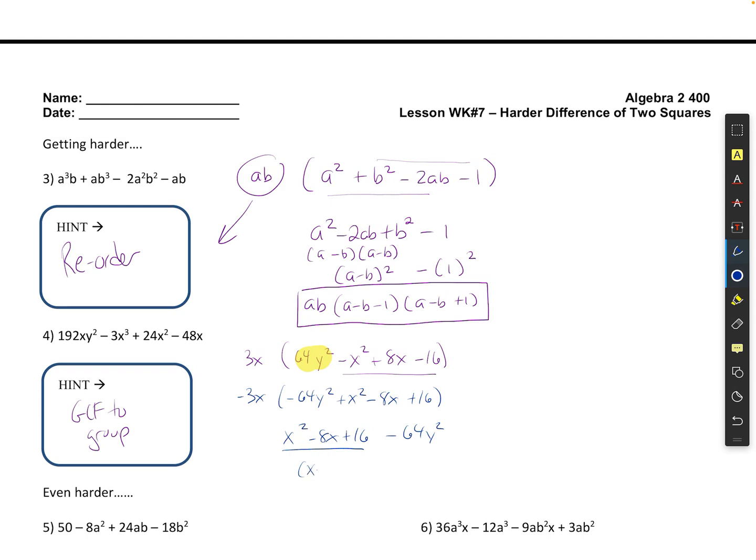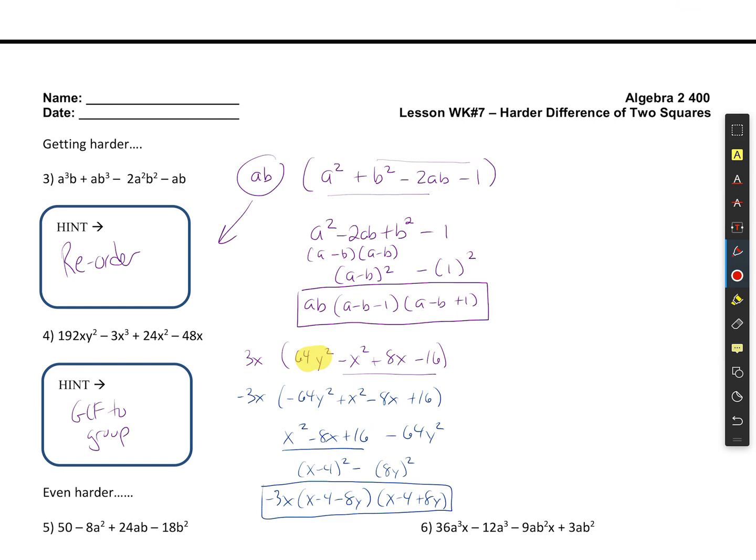So this factors down to x minus 4 squared minus 8y squared. X minus 4 minus 8y. X minus 4 plus 8y. With that negative 3x in front. So I kind of GCF the group, and what I mean by that is I try and get the perfect trinomial in front. I want the random thing in the back.